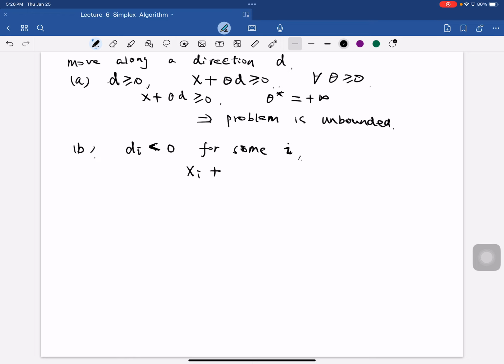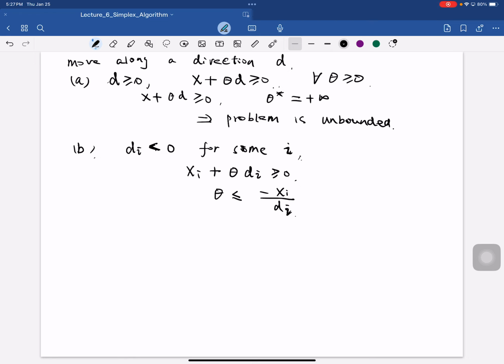We need to keep xi greater than or equal to 0, so that means theta has to be less than or equal to minus xi over Di. That's just a simple way to do it when Di is strictly less than 0.